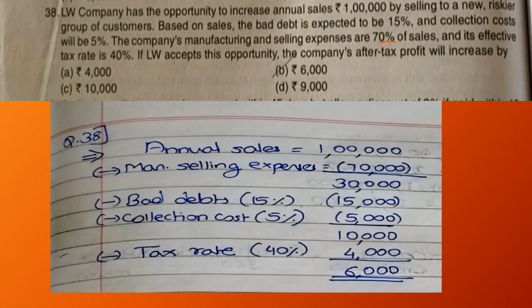Now here they have given it is based on sales, so 5% on 1 lakh is 5,000, and we will get the balance of 10,000, less tax rate 40%. Tax is levied only on profit, okay, so we should not take 40% on 1 lakh. The profit after tax: 40% of 10,000 is 4,000, and we will get the final answer of 6,000 which is option B. So it's very easy.